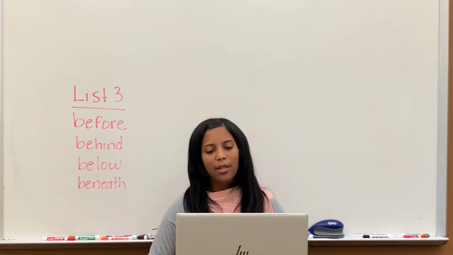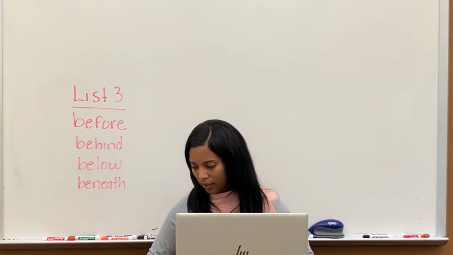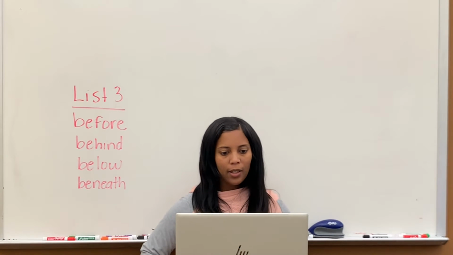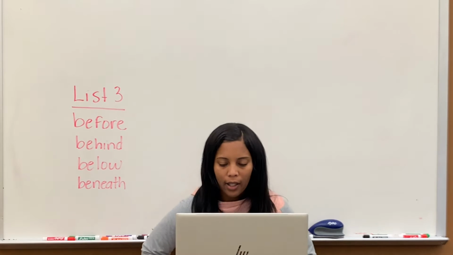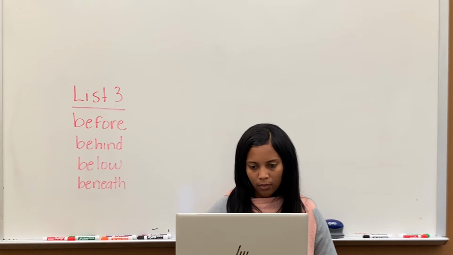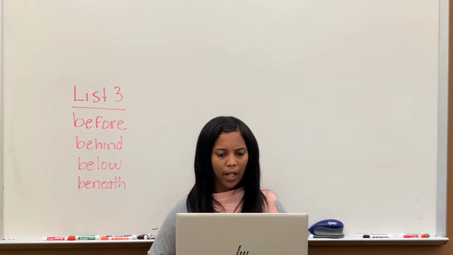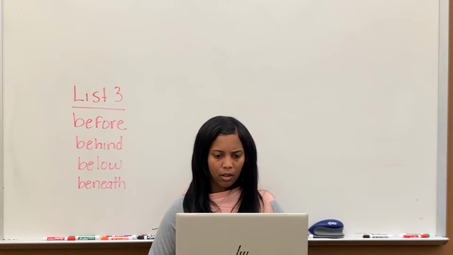So we've learned list 1 and list 2 so far. Does anyone remember list 1? Could anyone tell us what list 1 is? Okay, go ahead, Colin. What are the prepositions on list 1? All of them? Well, yeah, it only was like 5, I think. Not all of them, just list 1. Thank you.